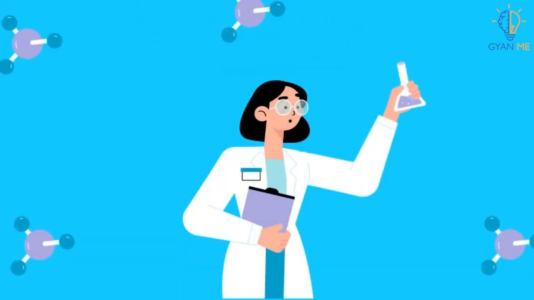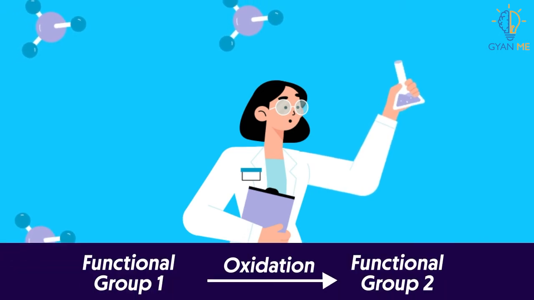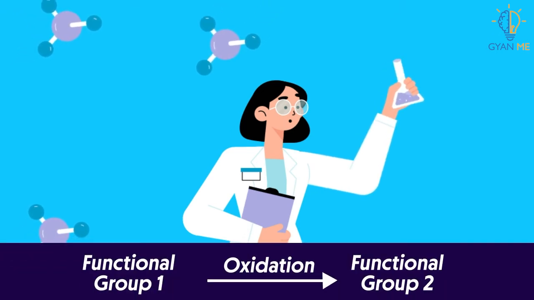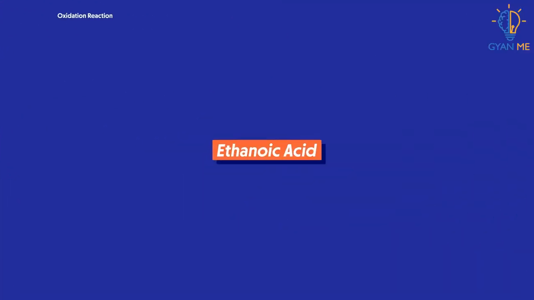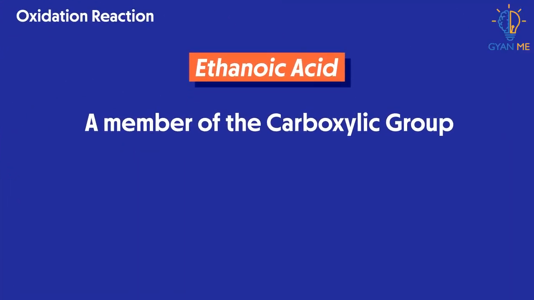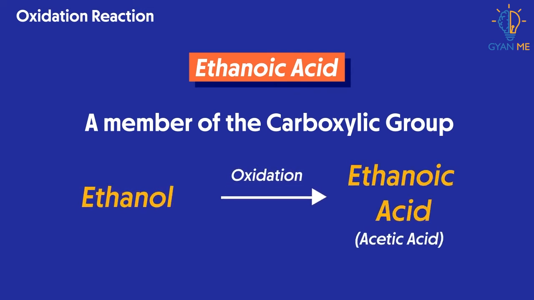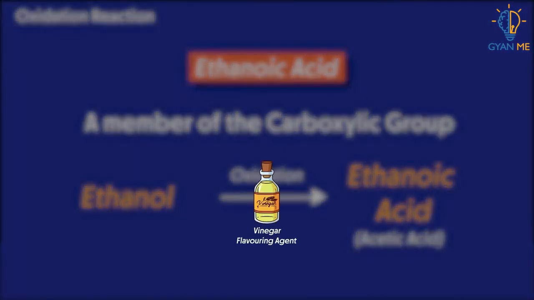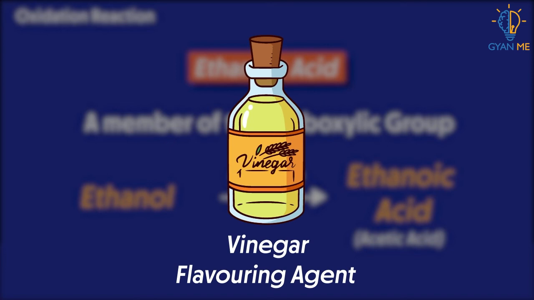Changing the functional groups gives us newer compounds that can have a variety of applications. Like the ethanoic acid, a member of carboxylic group, which we get from oxidation of ethanol, is nothing but acetic acid. And we already know that low concentrations of acetic acid is vinegar, which has a wide range of daily uses.